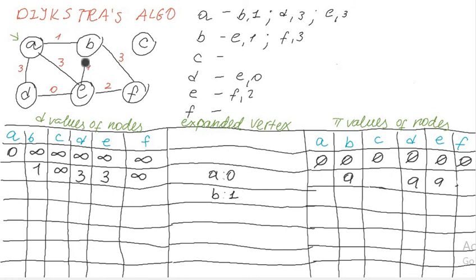So if we add up, that's gonna be 2 from A to E. And for F, it's gonna be 1 plus 3, which is 4. And we will update E and F's parents to B. And the rest we will just leave empty.